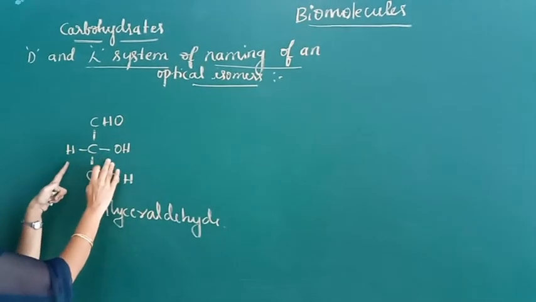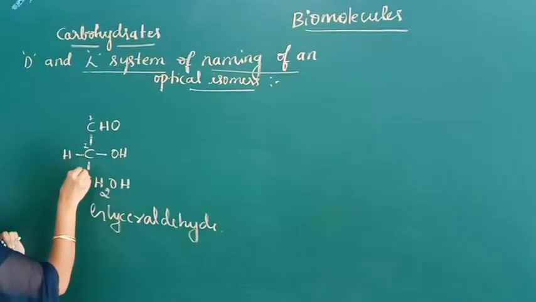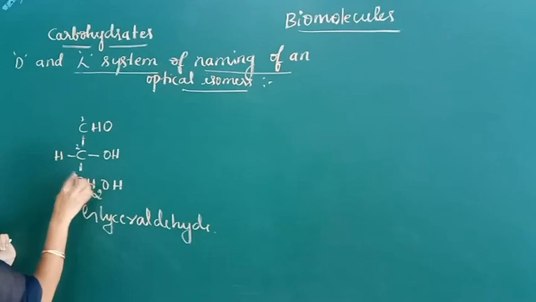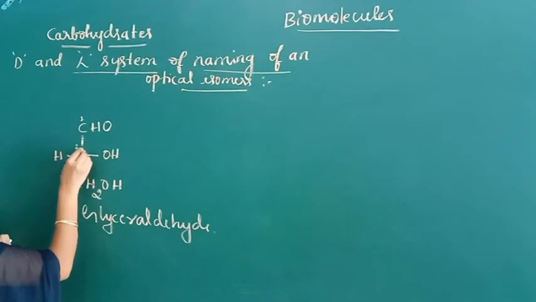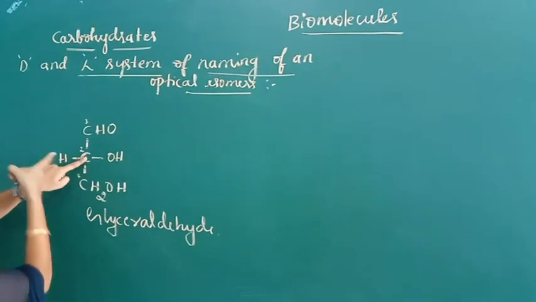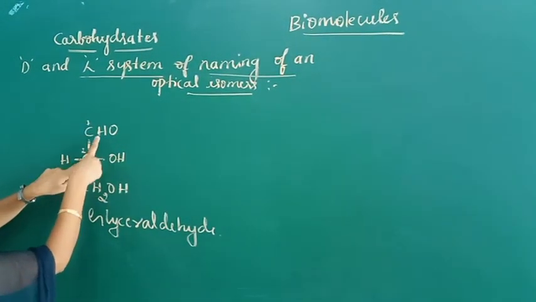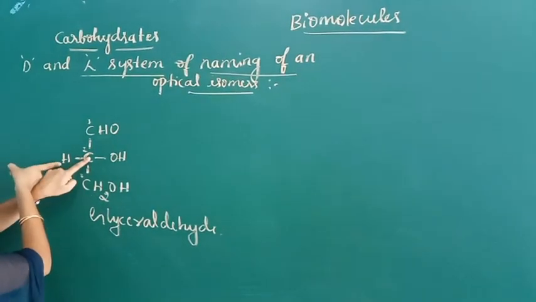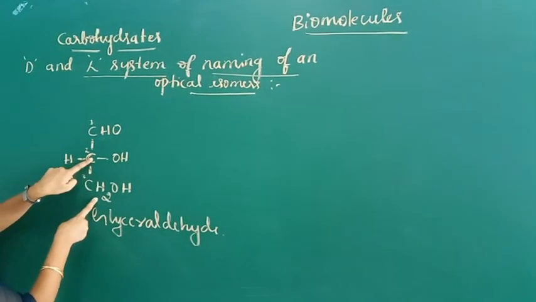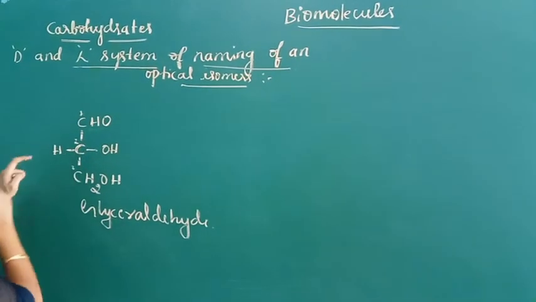In glyceraldehyde there are 3 carbon atoms, numbered 1, 2, 3. The second carbon atom is the asymmetric carbon atom because it is attached to 4 different atoms or groups: one aldehyde functional group, H, OH and CH2OH. All the groups or atoms are different, so this is an asymmetric carbon atom.